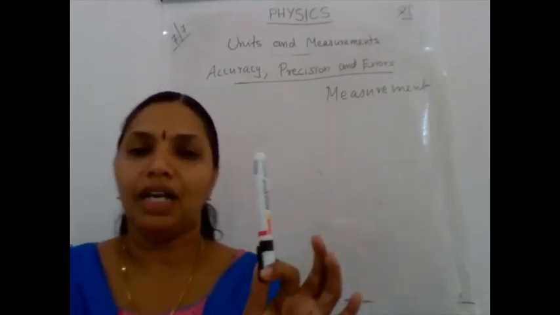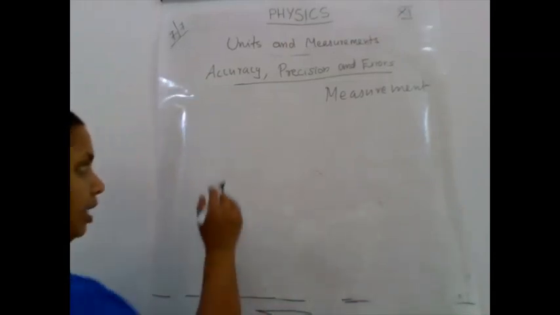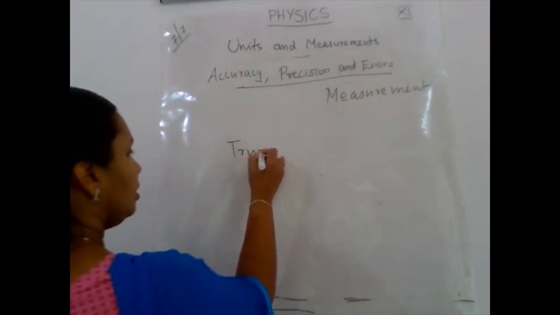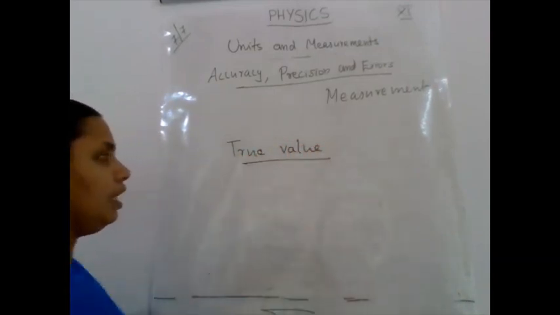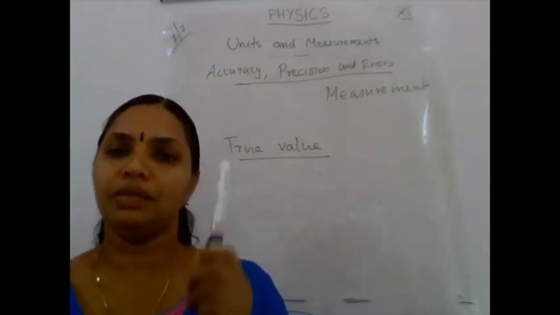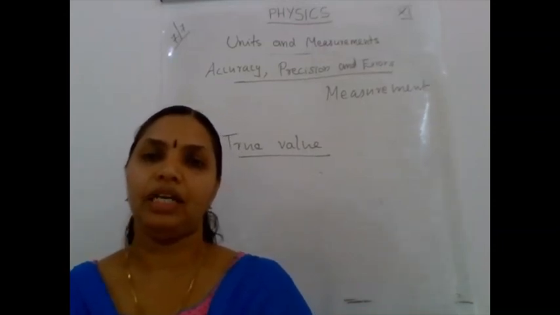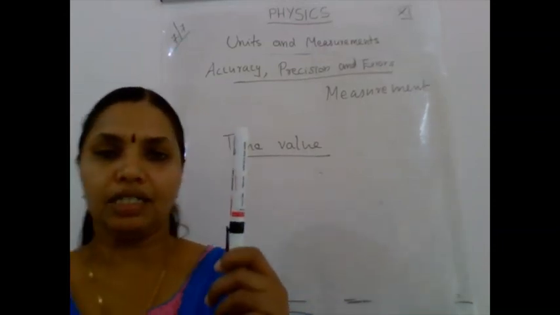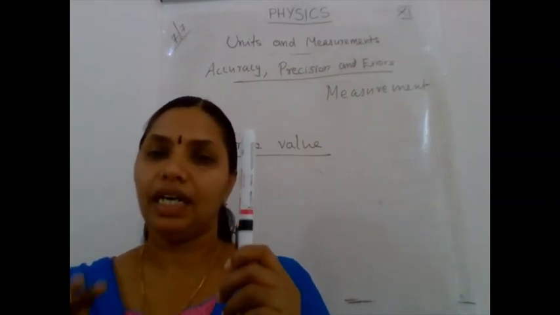That value is known as its true value. That is the actual value or the true value of this pen, or of any physical quantity. Suppose the length of the pen is 15 centimeter.